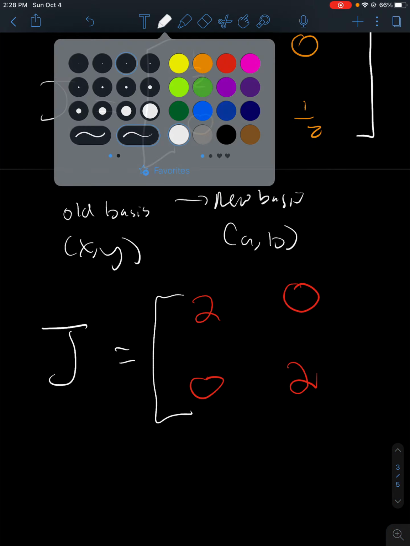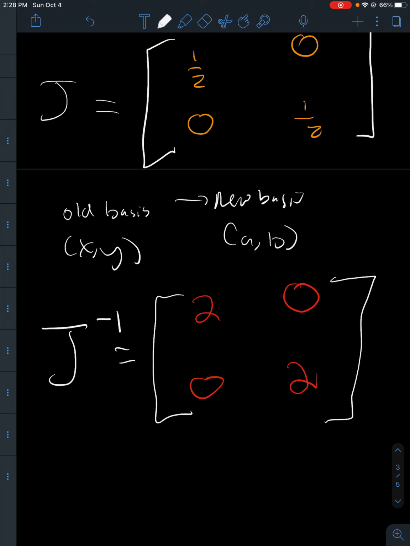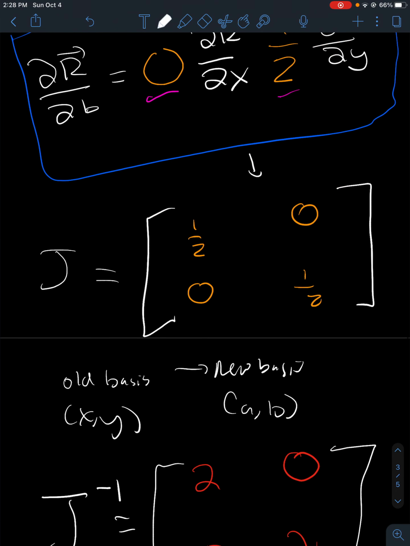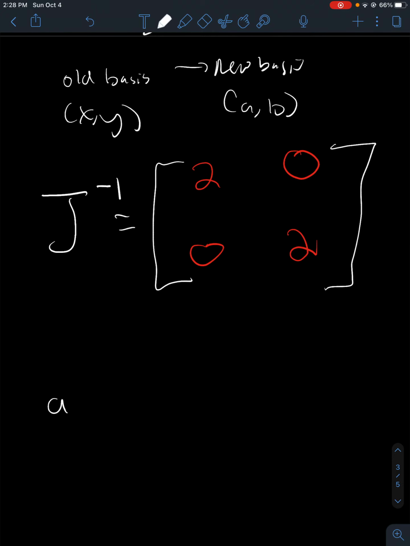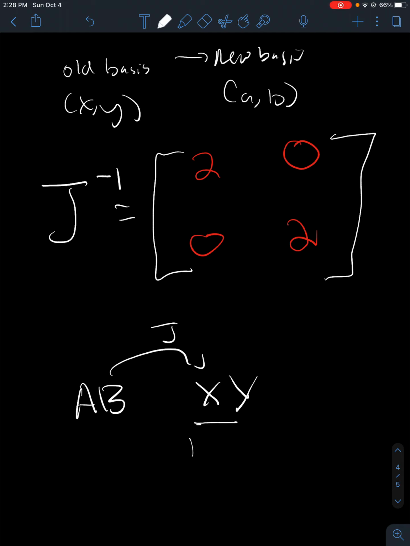And we wouldn't call this J. We would call this the inverse Jacobian, actually, because we're calling the Jacobian the transformation from our xy system to our AB system. That's the forward transformation. To go back, we use the inverse Jacobian.